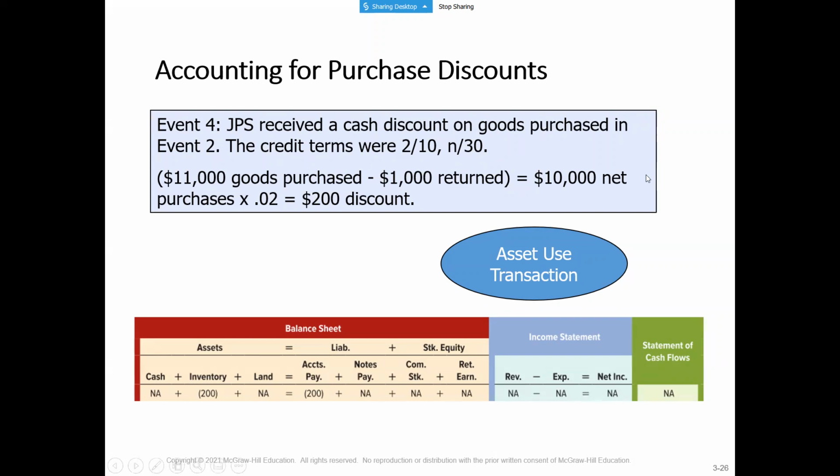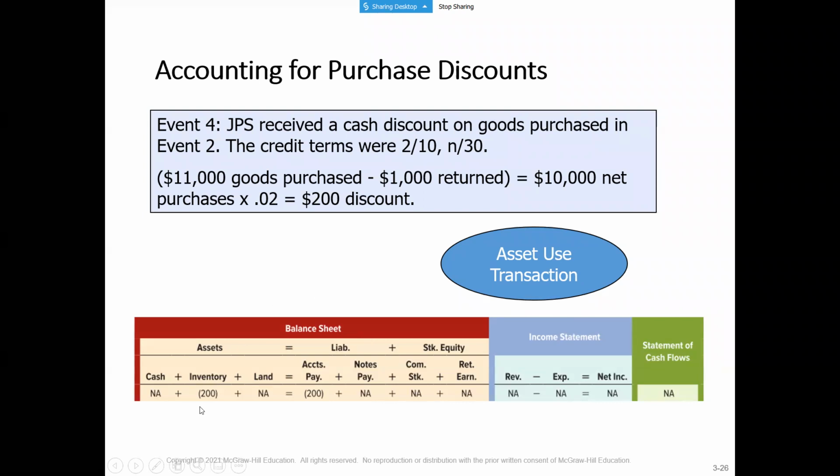Problem data will tell you how much of the goods were granted a discount. And that's a case where dates are often used in problem data. You almost have to do the calculation yourself as to whether or not the invoice was paid within the 10 days or whatever the credit terms are.